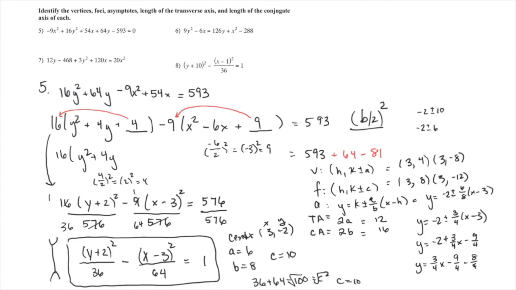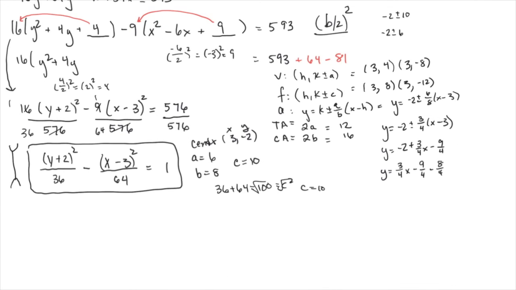Because they're fourths, I can add them together. I've got common denominators. And so we can have y equals 3 fourths x, and this is going to be minus 17 fourths. Right, so there's one asymptote. I'm showing you every step, taking a little bit extended explanation, so it doesn't always take this long.